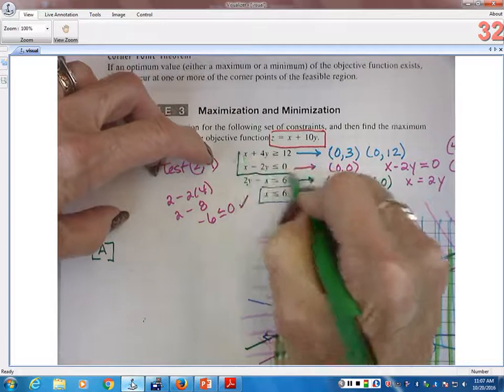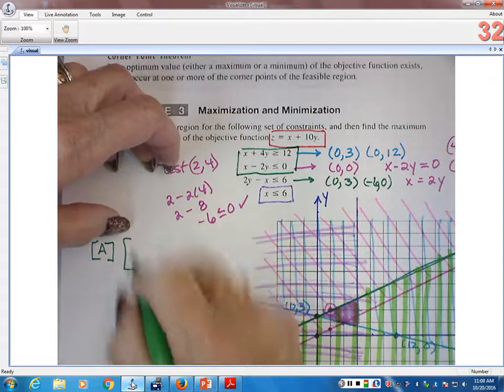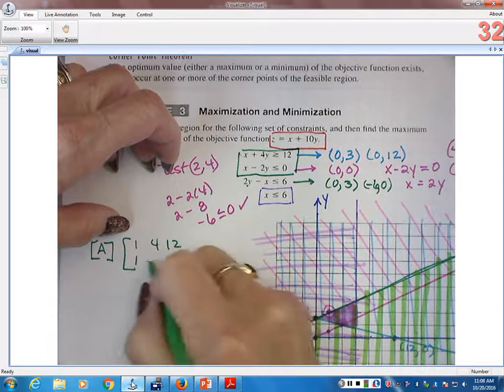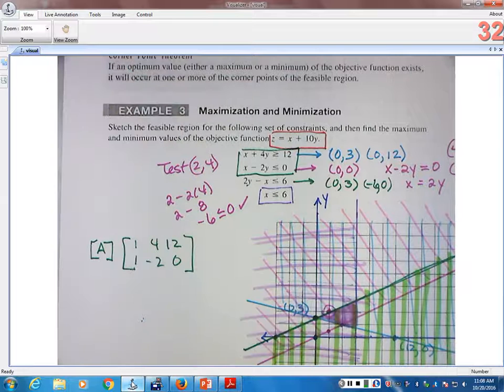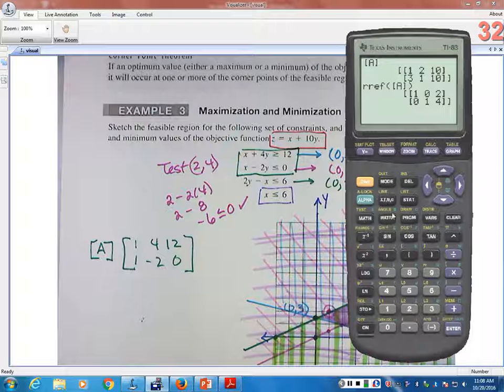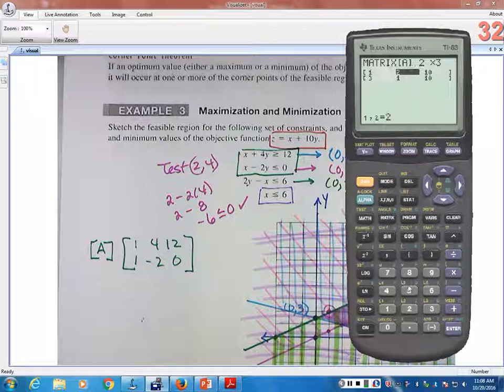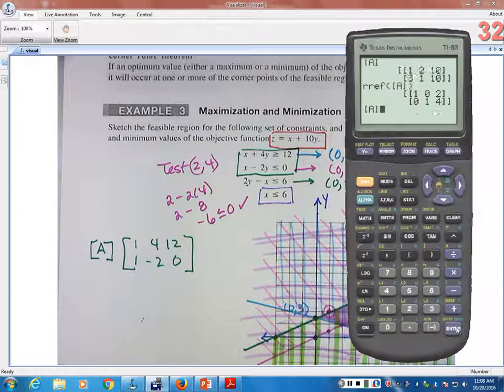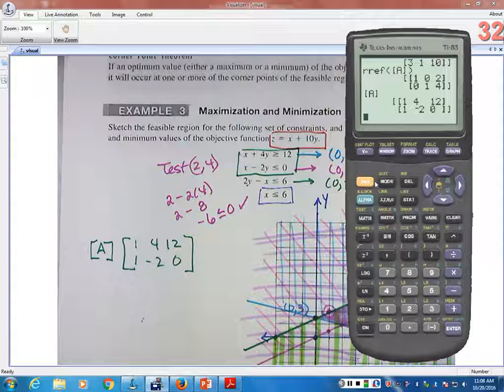So if I pair up these two, I'm going to need the row reduced form of 1, 4, 12, 1, negative 2, 0. And that looks right, so I need the row reduced form of that.